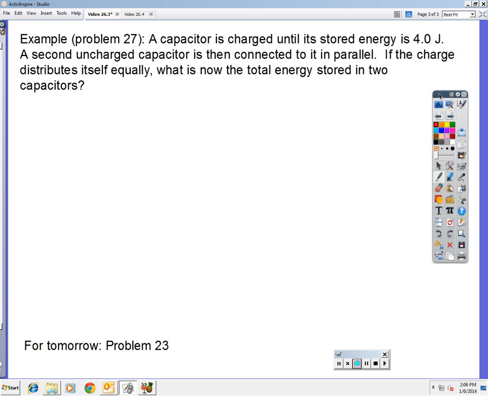Now a similar example: you've got a capacitor that's charged, and the stored energy is 4 joules. So before, you have capacitor C with 4 joules of energy stored on it. Then we're going to connect a second uncharged capacitor to it in parallel.